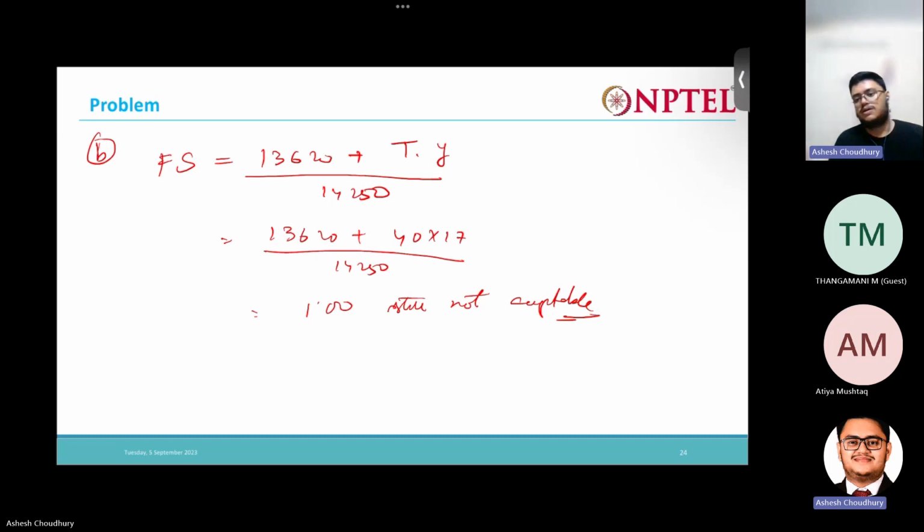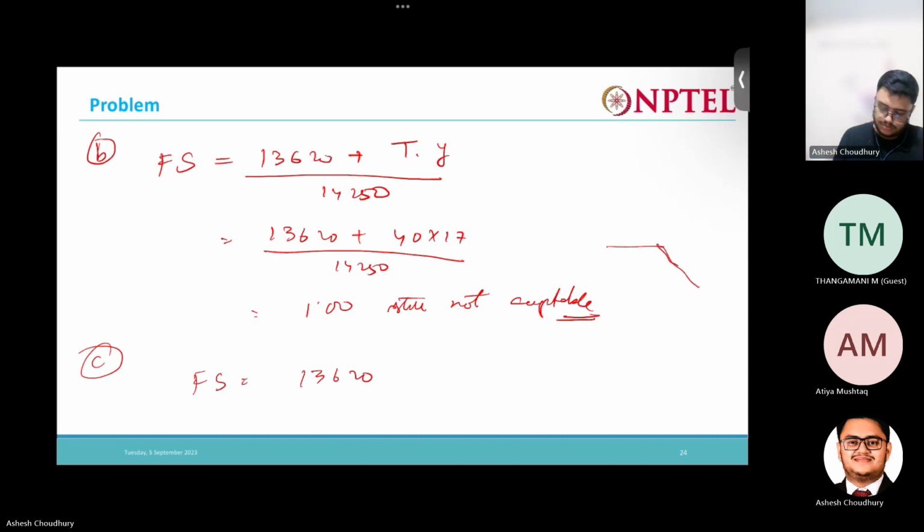Still not acceptable. Now what can we do? Let us provide more layers, more number of layers. Initially just one layer was placed, so now we will place multiple layers.